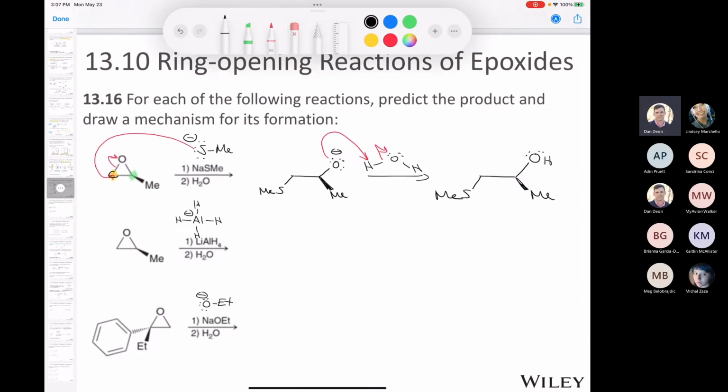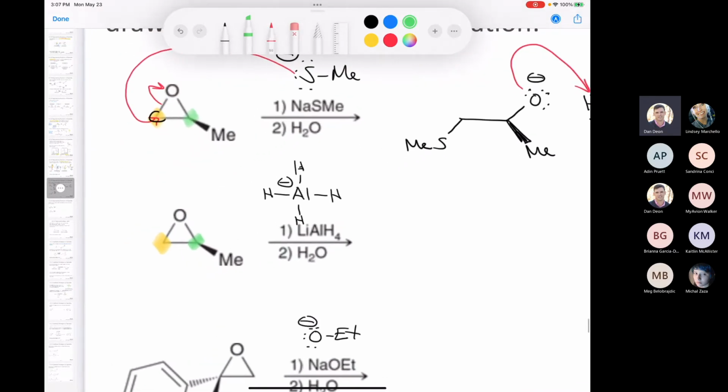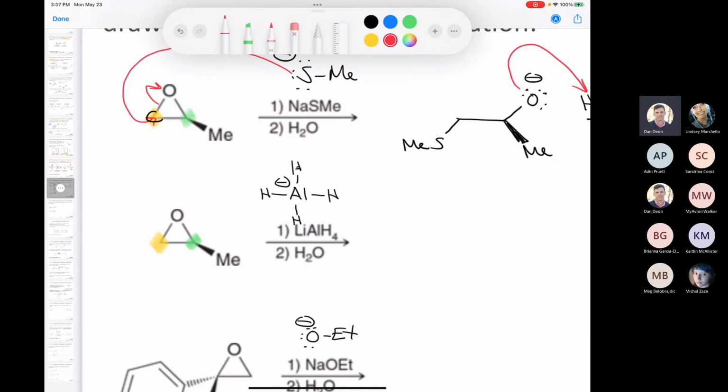Same rationale. If I was to highlight this carbon in yellow and this carbon in green, you can see that the carbon in yellow is less sterically hindered, and so it's going to undergo nucleophilic attack by a hydrogen from the hydride. So the hydride ion is going to come in and it's going to do a nucleophilic attack. Keep in mind that this carbon already has 2 hydrogens attached to it.